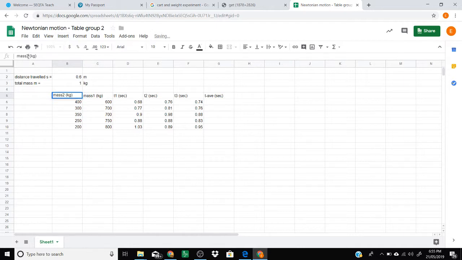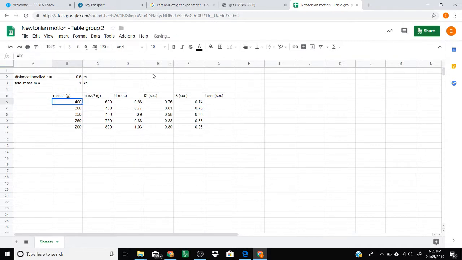Okay, good. That was the hanging mass. And that is the dynamics cart, because they started with the dynamics cart with nothing else in it, was 600 kilograms. No, 600 grams, but we will need to convert that to kilograms, but I can demonstrate the easy way to go about doing that in a minute.